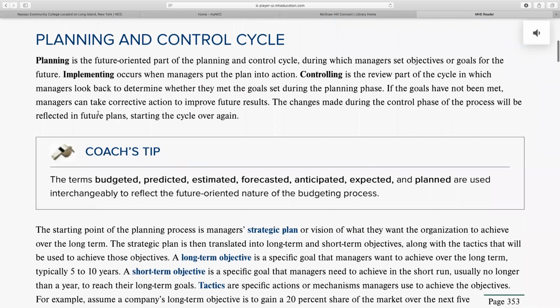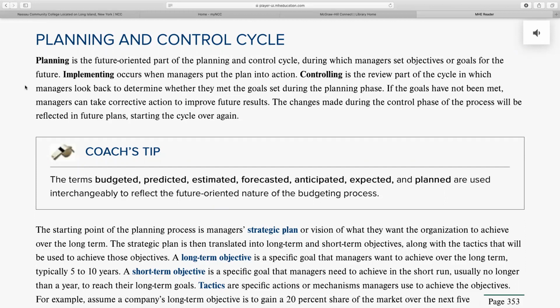So we talk about planning in a business context, looking forward, looking into the future, and setting goals and objectives for the company to hit. And then we come up with a plan. We put the plan into operation.